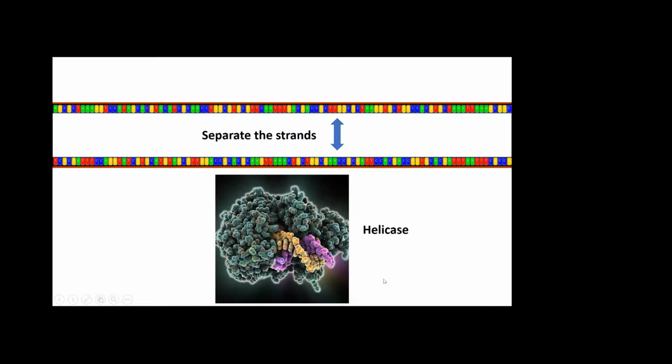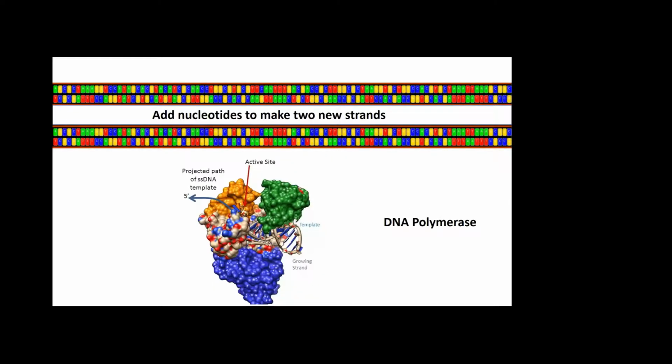Yeah, and then once the 2 strands are separated, then comes the DNA polymerase and puts the corresponding base on each of the strands and makes the second strand, and you end up having 2 full copies of a double-stranded DNA. That's how it gets copied.